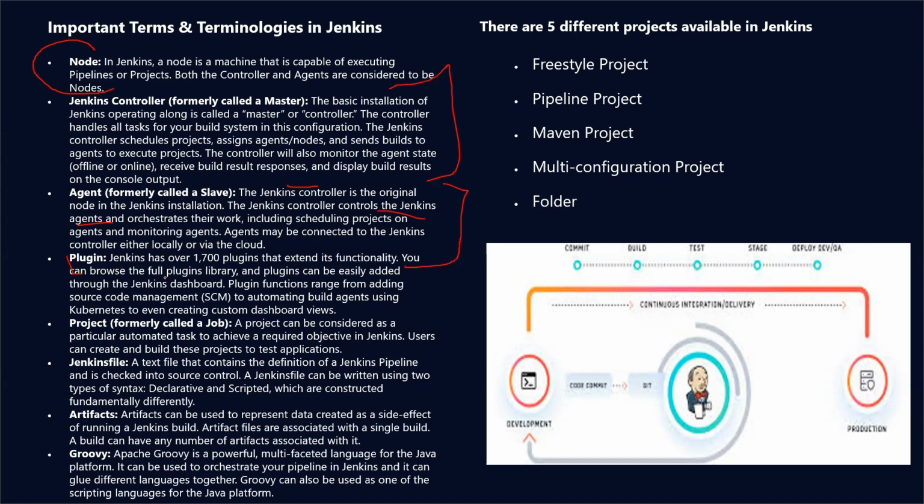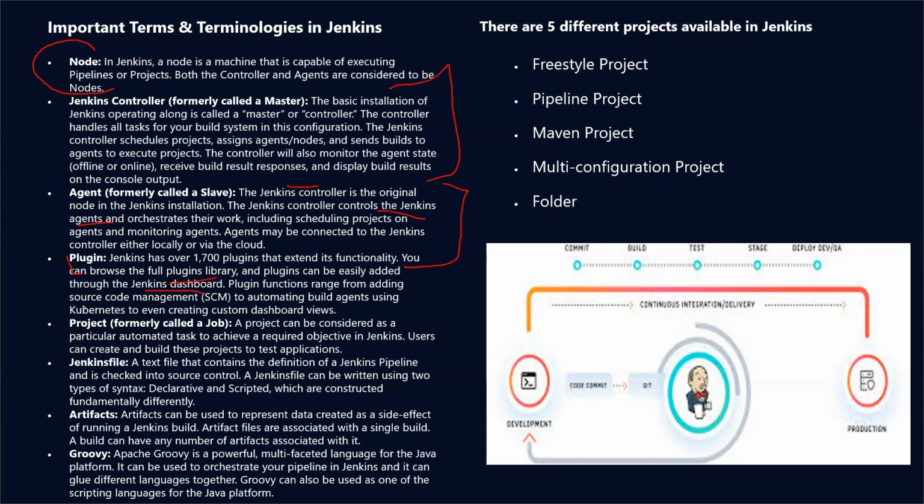Then plugin. Jenkins has over 1700 plugins that extend its functionality. You can browse the full plugins library, and plugins can be easily added through Jenkins dashboard. When I show you the steps to install Jenkins and how to create the pipelines, I will show you what is Jenkins dashboard and how the plugins library is used.